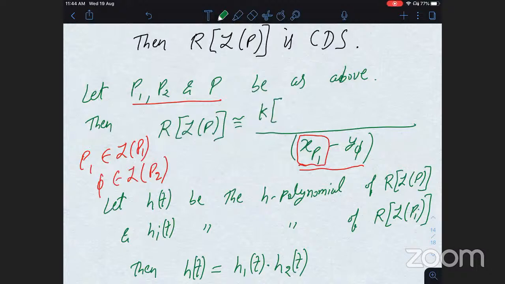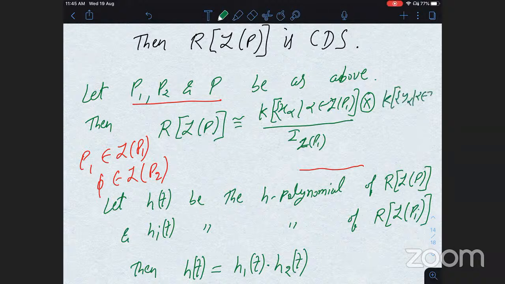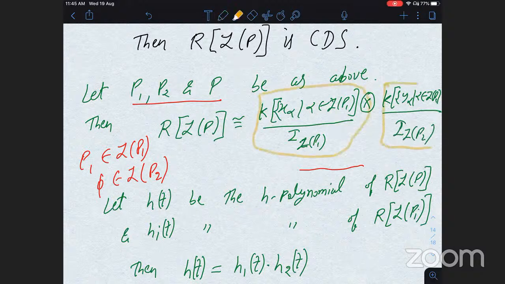So let K[x_alpha, alpha belongs to I(P1)] tensor with K[y_alpha, alpha belongs to I(P2)], modulo the Hibi ideals. So the first is the Hibi ring R[I(P1)] and the second is R[I(P2)], right?